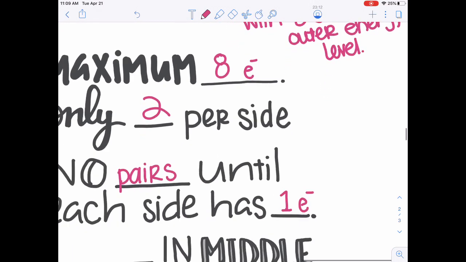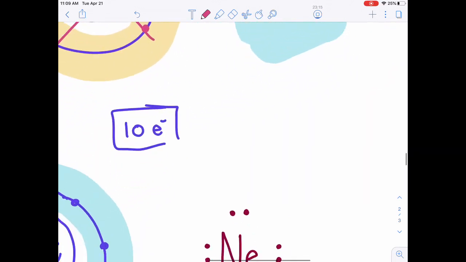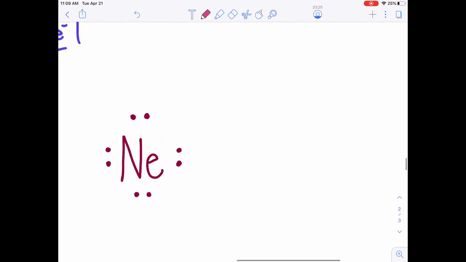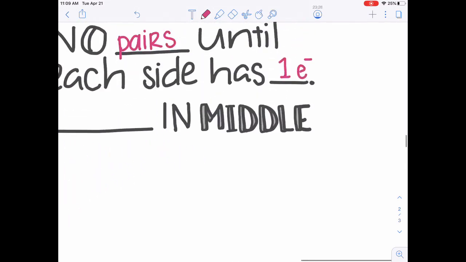So when we did the example of neon, this is the most electrons that we can have. This is what it would look like: 4 pairs, 2 dots per side. That's the most electrons that you can have.